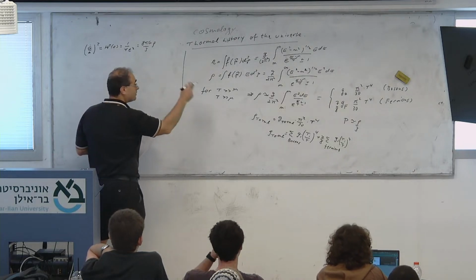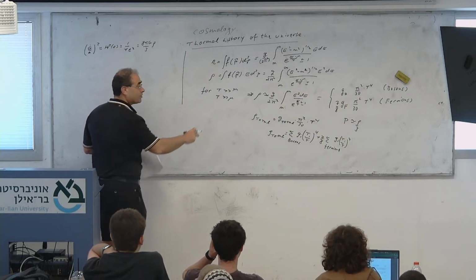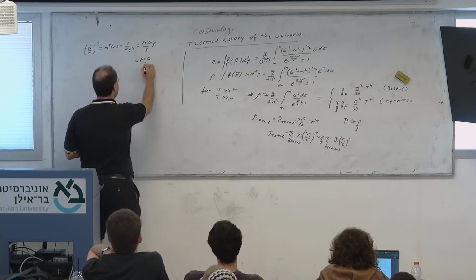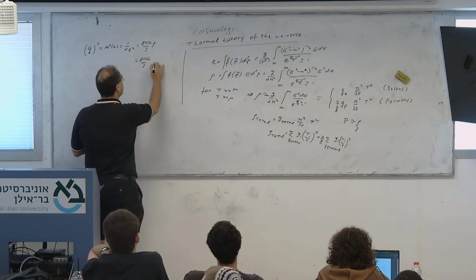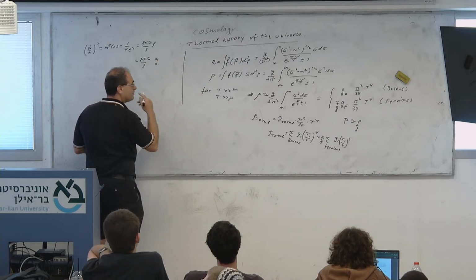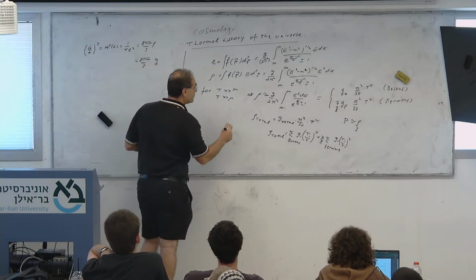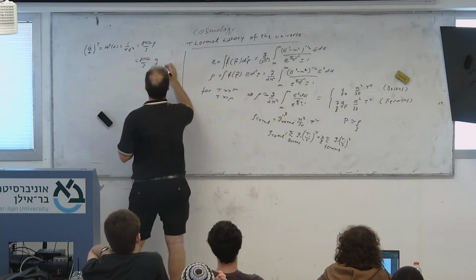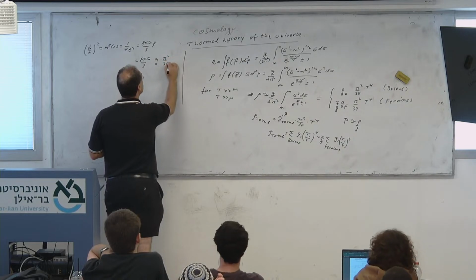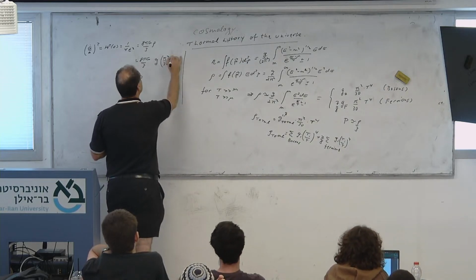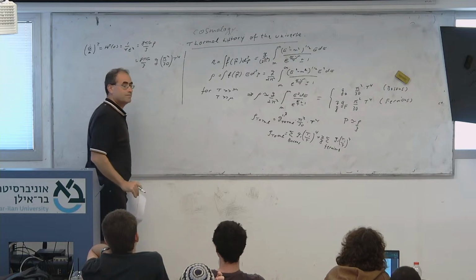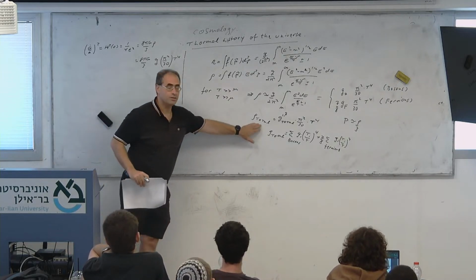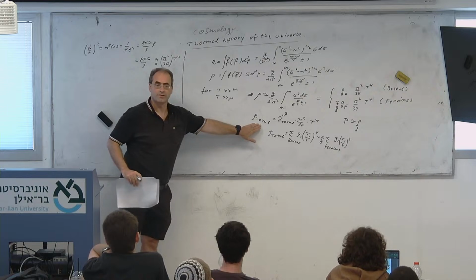And when I look now at the total rho, this is 8 pi G over 3, and rho is just g total times pi squared over 30 times T to the 4. That's rho, that's the energy density. Photons are included.